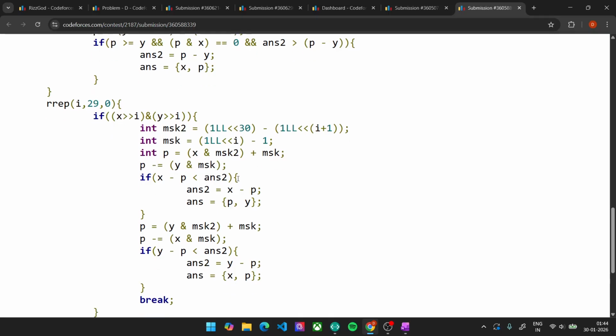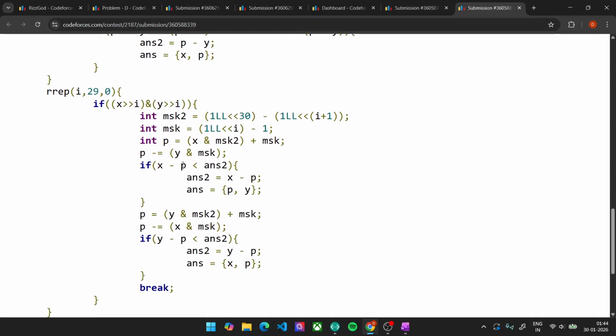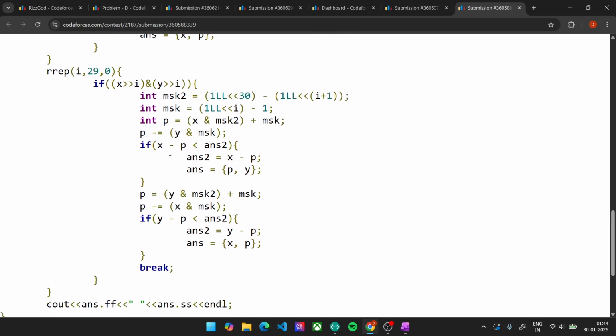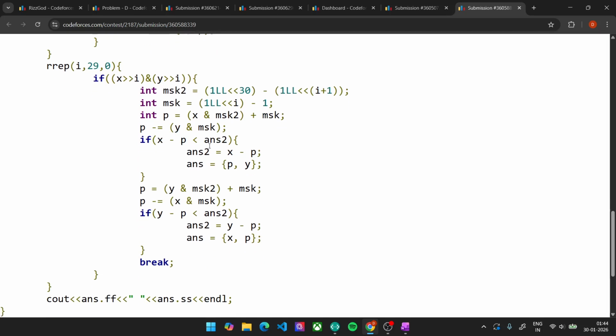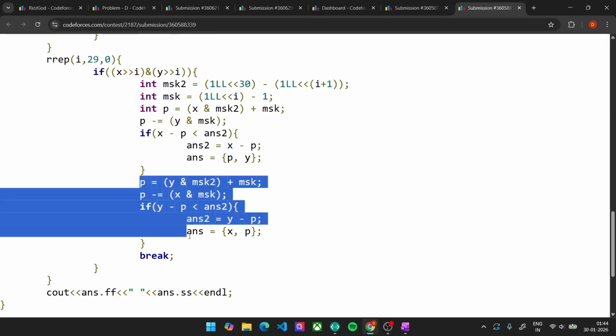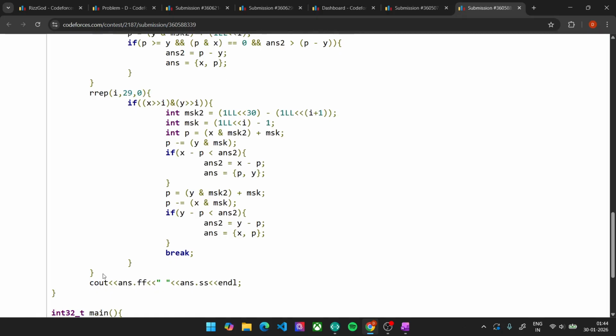What are those ones? All the ones in which y is also set. So I'm subtracting those from my p. So x has been converted to p. Then I'm checking what the difference is. If this difference is less than my answer, then I'm updating my answer, and I'm doing a similar thing for y. And then I'm just printing my answer in the end.